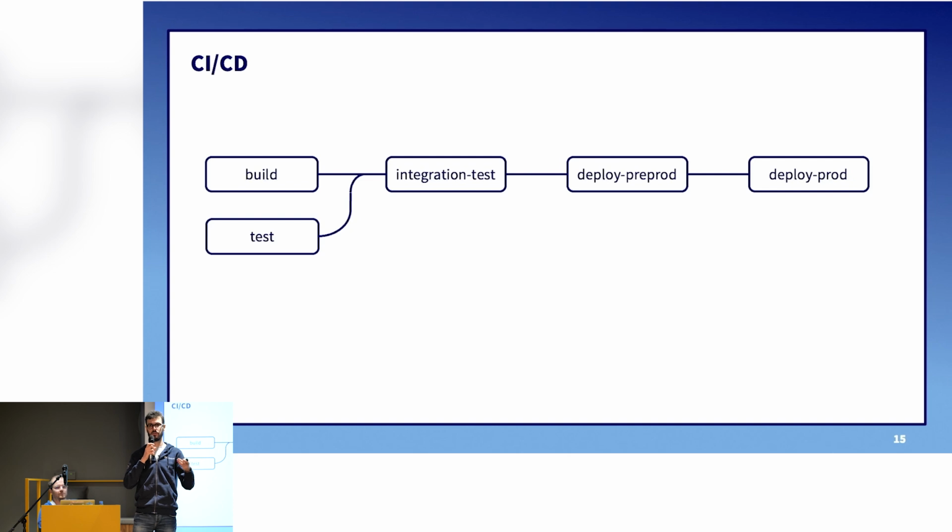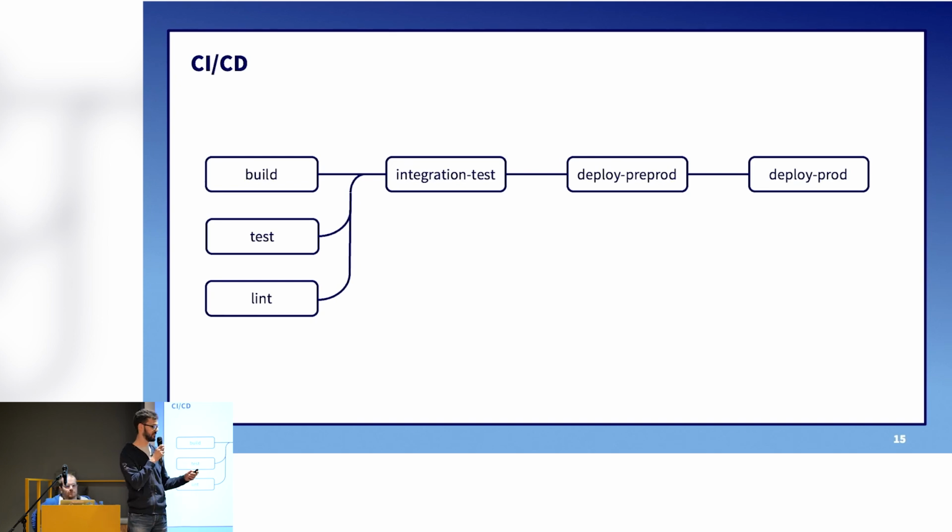Here the first two steps, the build and the unit test, are mandatory for the next steps. You may want to say, okay, now the build and the unit test aren't enough to validate the code. I also want all of the linters I configured to be happy. You can just add it, and I think you should add the linters to your CI/CD pipeline. So we'll just implement this, but it's good to know.